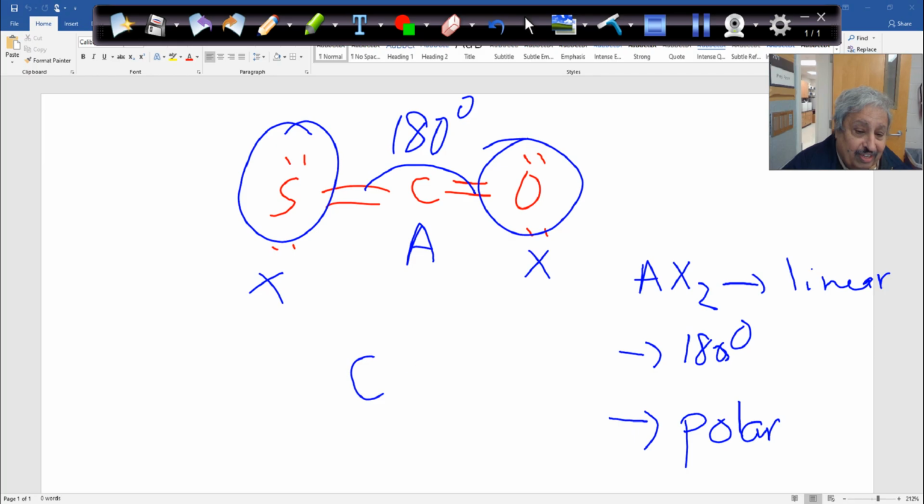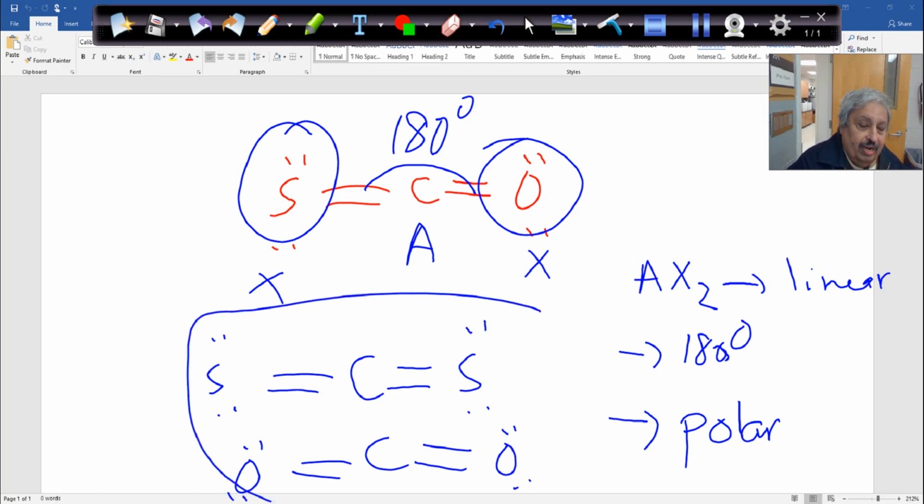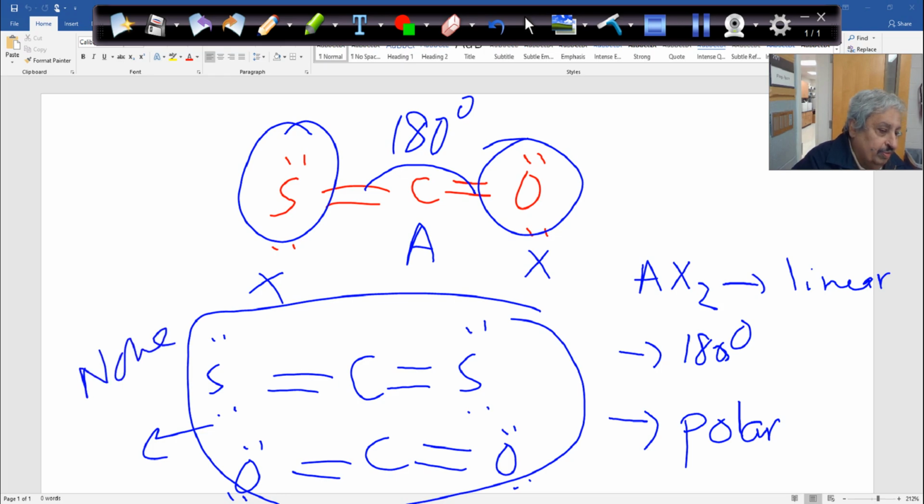But if I have something like this, look guys, something like this, or something like this, those are non-polar, correct? Can you see that? Because you have identical terminals. Both sides are identical, so the dipoles will cancel themselves out. So this is non-polar. This is polar.